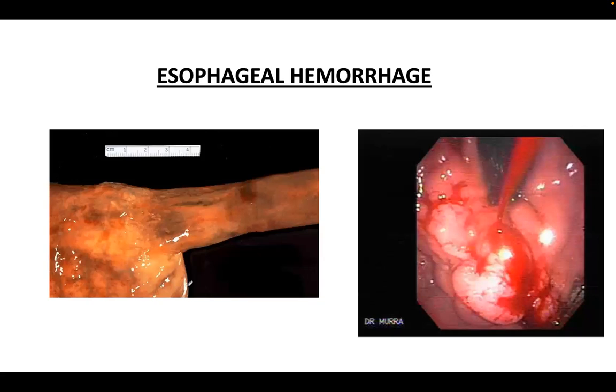Now here are some esophageal varices, variceal bleeding. Now question. This came out in the board exam. What is the gold standard in the management of ruptured or bleeding esophageal varices?